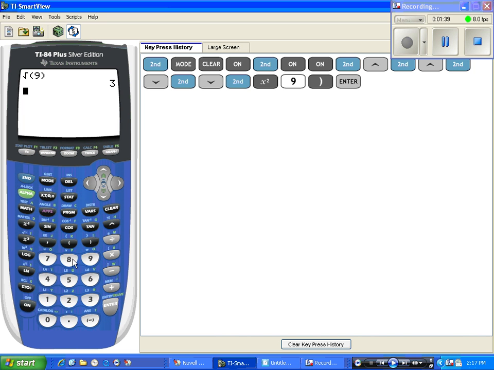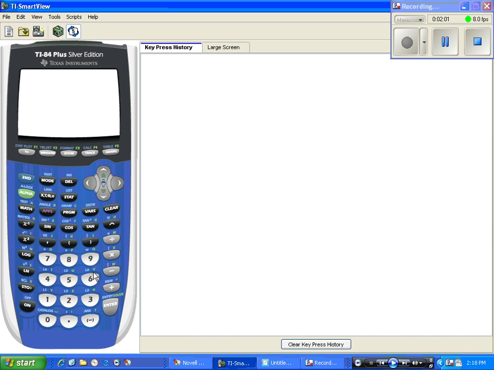Notice now we also have a delete key, DEL here, and up above that it says insert. So what we're going to do is type in a long series of numbers and entries, and we're going to make a mistake. So I'm going to first clear my screen here and clear my key press.